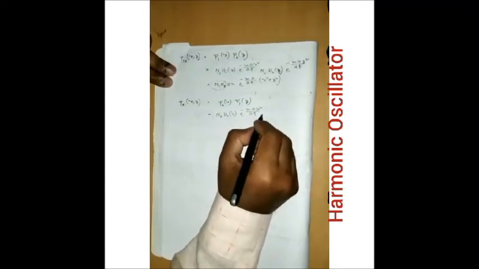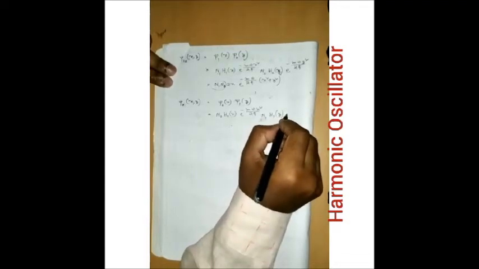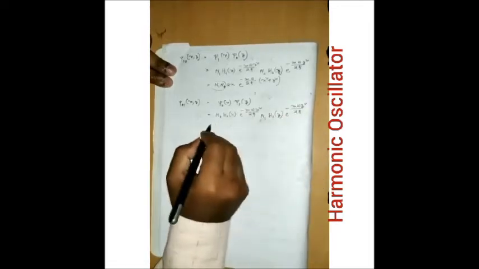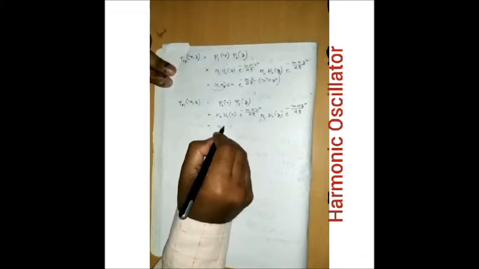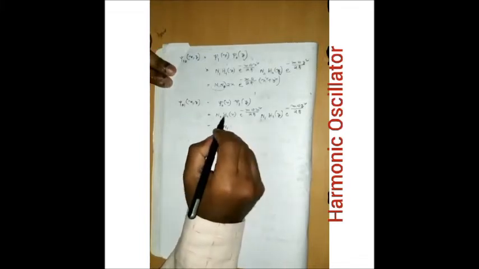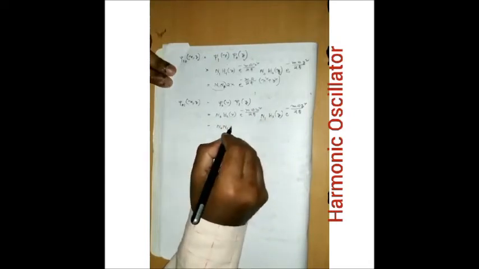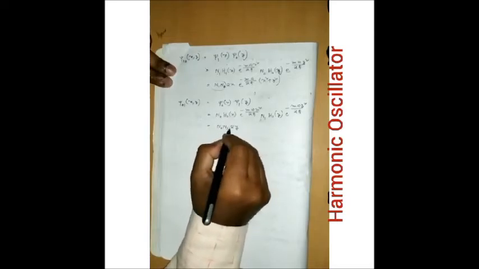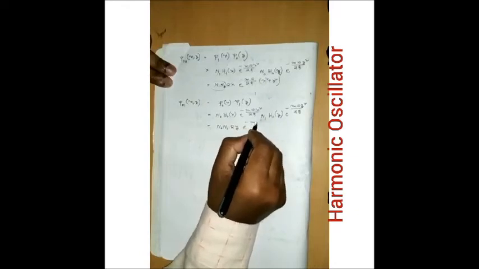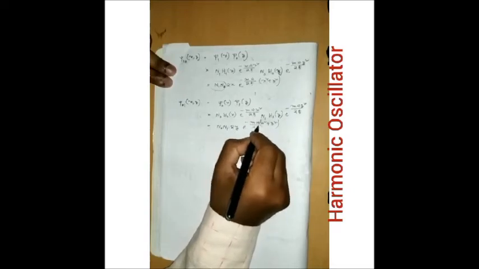For psi 1 y, n1 is the normalization constant, and a1 y equal to 2y, times e to the power minus m omega y squared upon 2h cut. And combined, these two factors give e to the power minus m omega (x squared plus y squared) upon 2h cut.